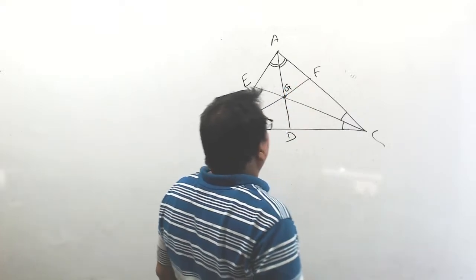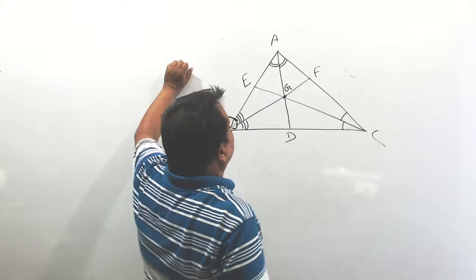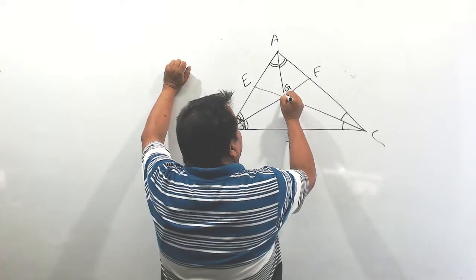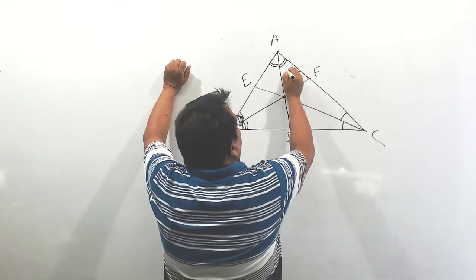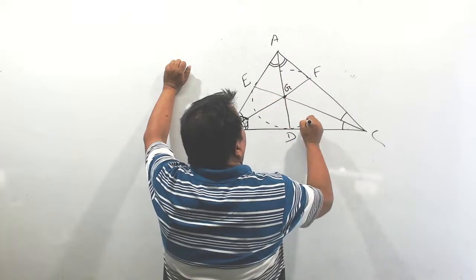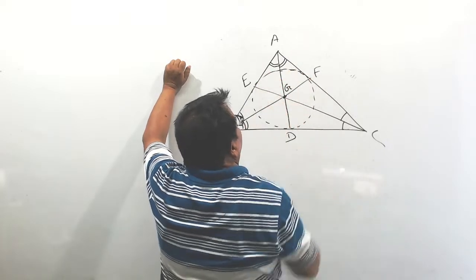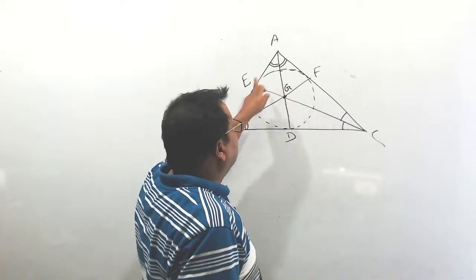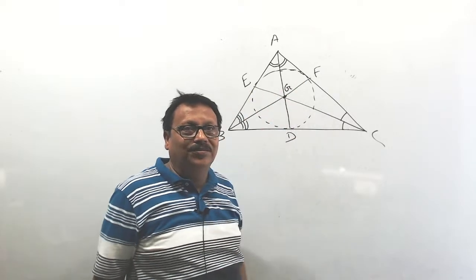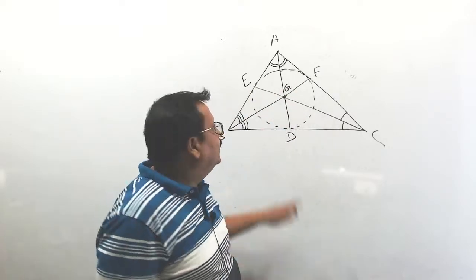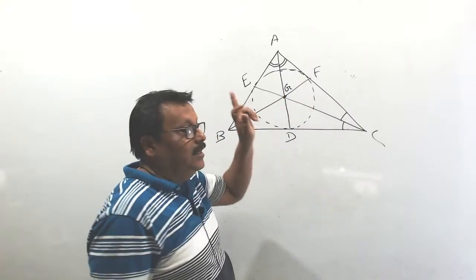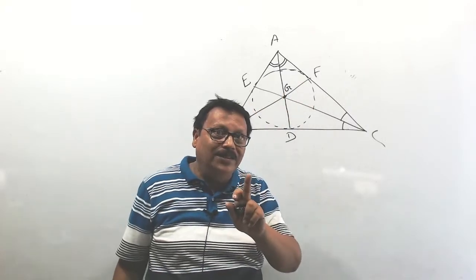And the very beautiful thing, centering this point, you can draw a circle. And the name of the circle is called the incircle. The name of this circle will be the incircle. And I am showing it again through an animation.